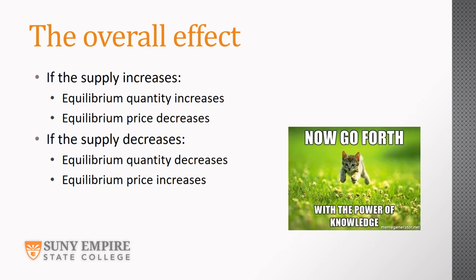If the supply increases, which means the supply curve moves to the right, the equilibrium quantity increases and the equilibrium price decreases. If the supply decreases, meaning the curve moves to the left, the equilibrium quantity decreases and the equilibrium price increases.